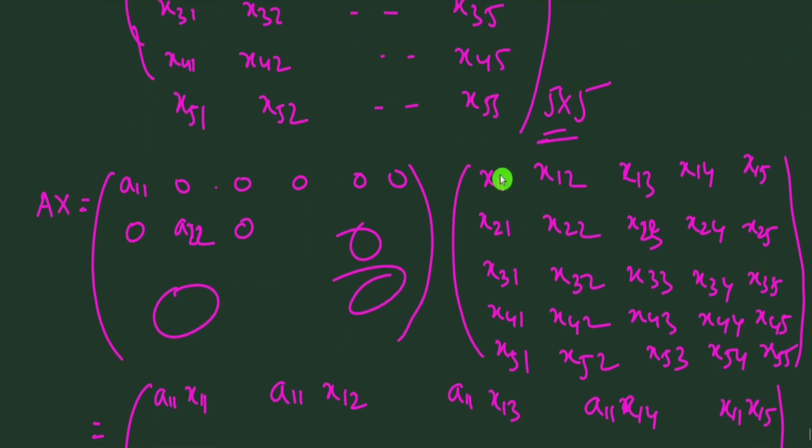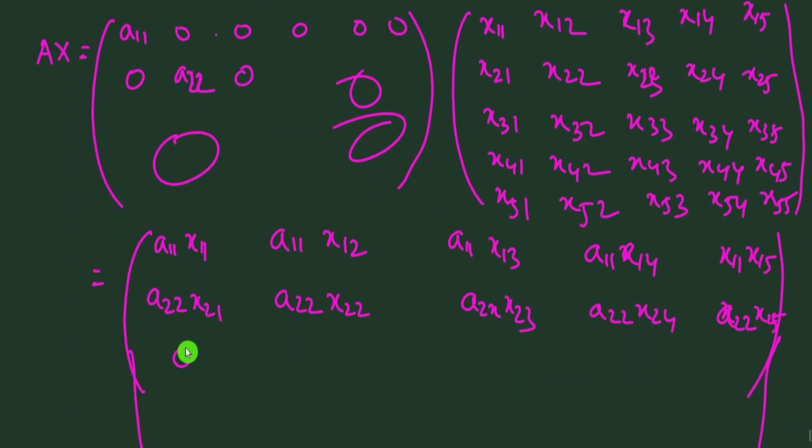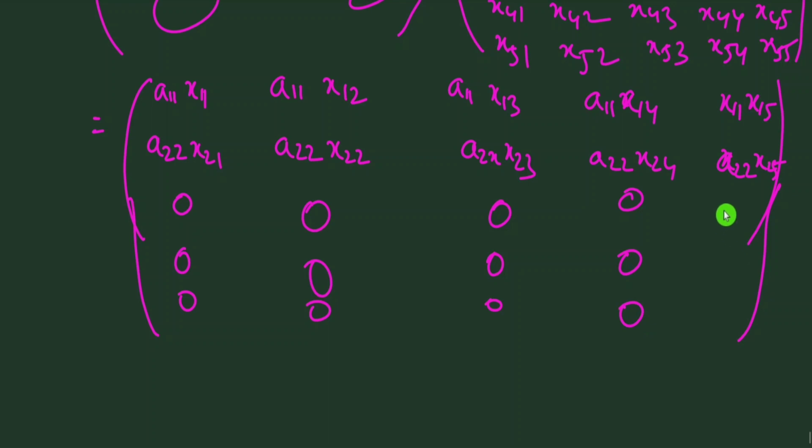Then the second row is A22 x21, A22 x22, A22 x23, A22 x24, A22 x25, and all other elements are 0. Clear? All other elements are 0.